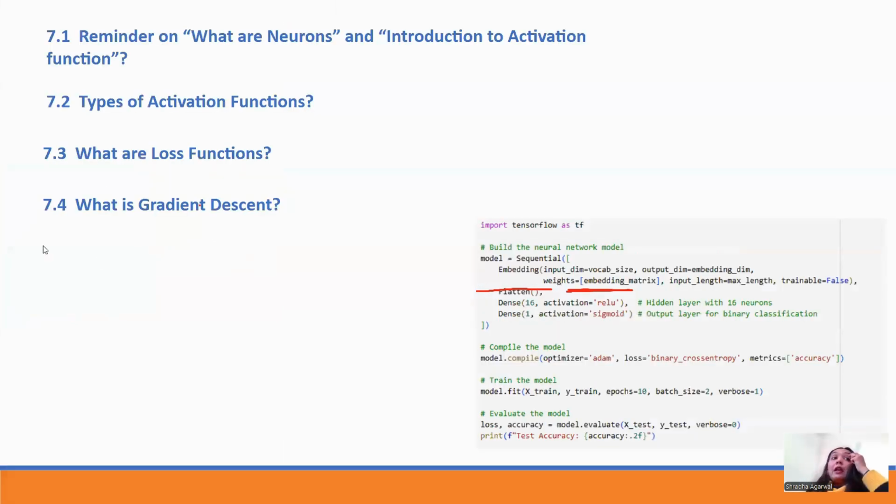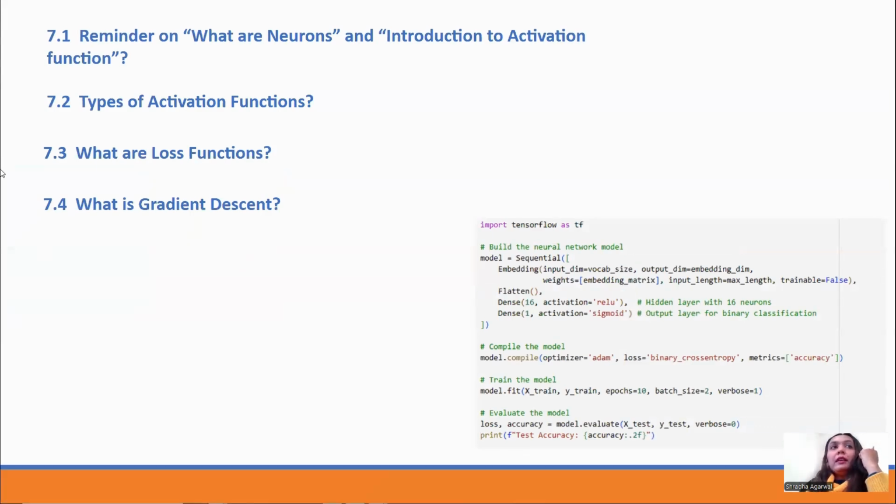Now, guys, what do we see all the time? Any AI code, if we start reading it, what are the main terms that come?